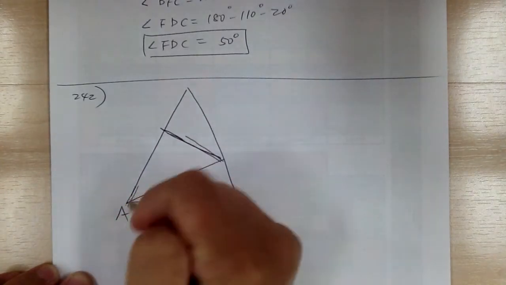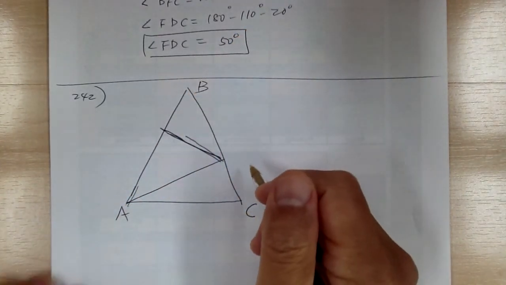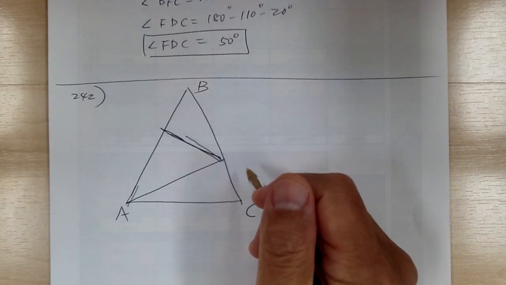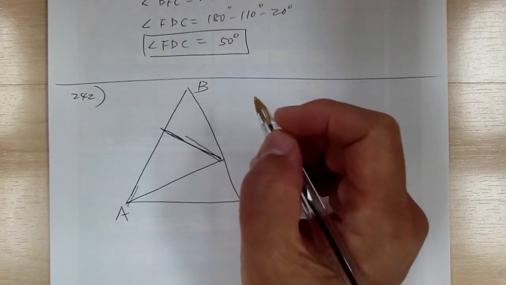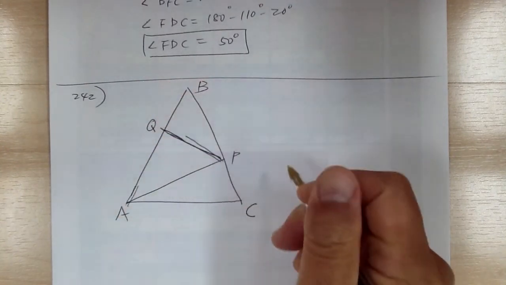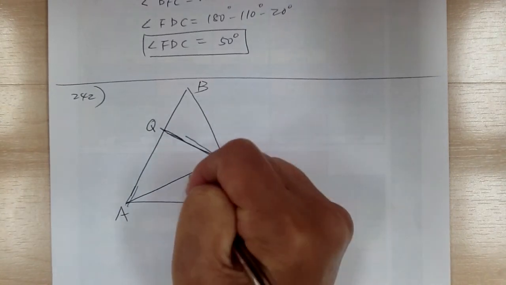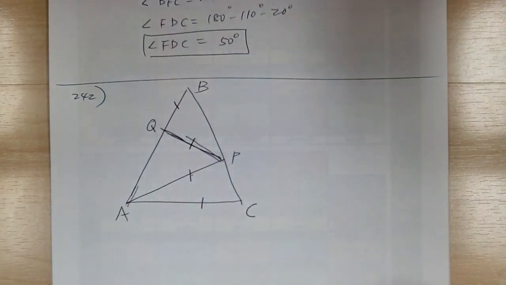So you got A, B, C, and then you have the P over here, Q over here, so that this is congruent to this, and this is congruent to this, and this is congruent to that.